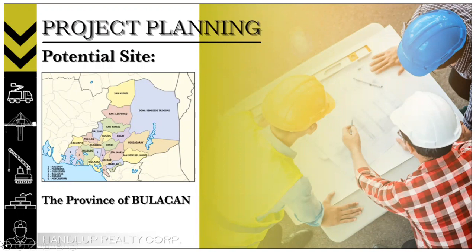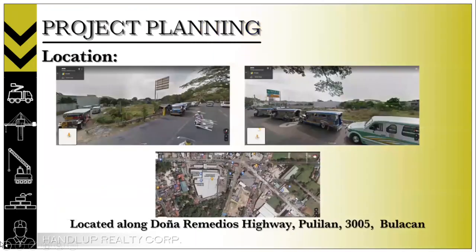Considering the airport that will be constructed in this province, which is the New Manila International Airport, and the other commercial buildings within this area, the client prefers to build the residential building in this location mainly for the employees. For the specific location, it will be located along Doña Remedios Trinidad Highway, Pulilan 3005, Bulacan. Presented here are the pictures of the site and the satellite view of the location.